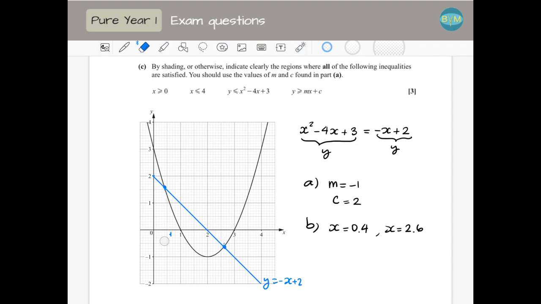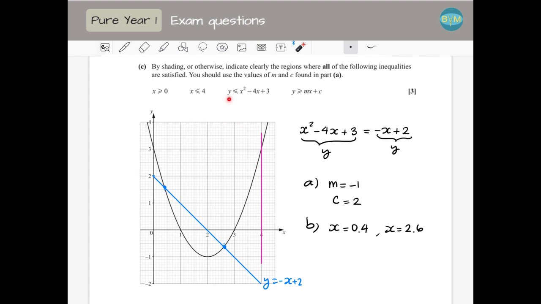So everything to the right of the y-axis, so we are talking about this here. x smaller than or equal to 4 is here, and I'm going to draw the line. Is everything on the left of this line? So at the moment we have this area here.